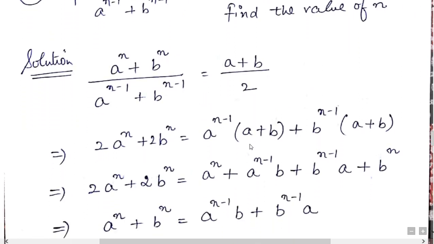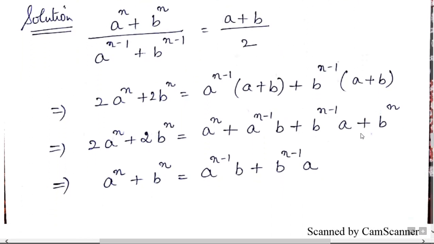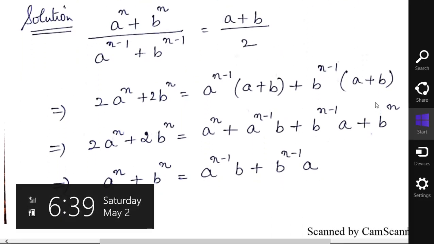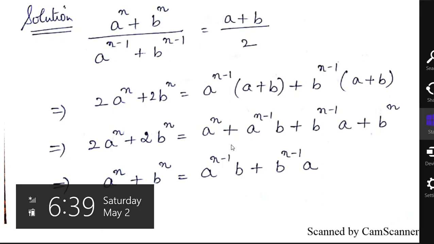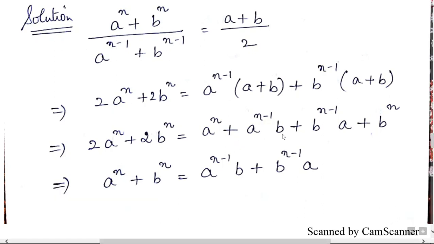Now cross multiply. 2 multiplied by these two terms is 2a raised to power n and 2b raised to power n. Then multiply a raised to power n minus 1 plus b raised to power n minus 1 by a plus b. It's a raised to power n plus a raised to power n minus 1 into b.